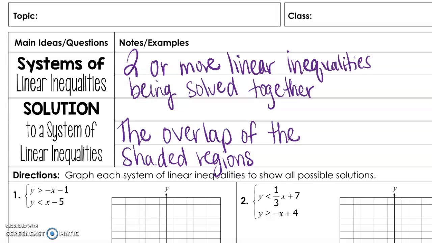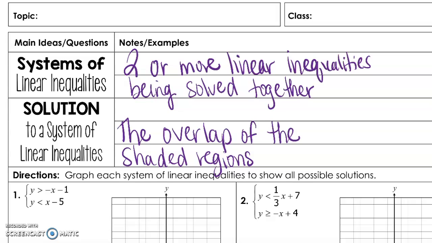Ours will only have two inequalities being solved at once, but you could have more. You are actually going to be splitting your graph into four different areas, and you will only be shading one of the four.